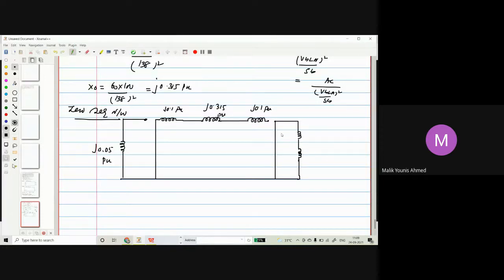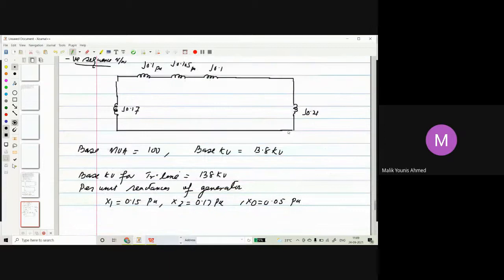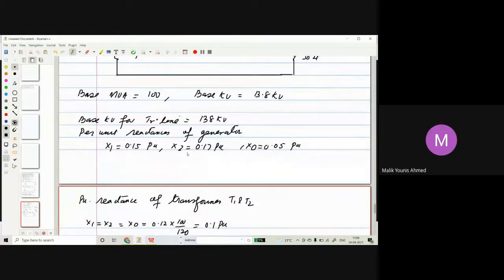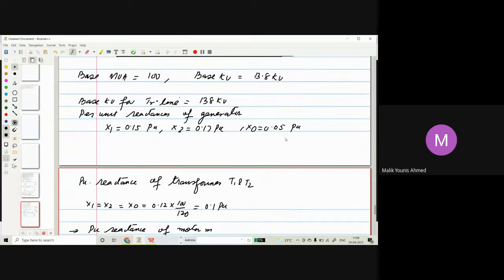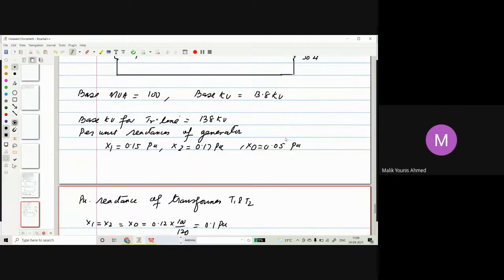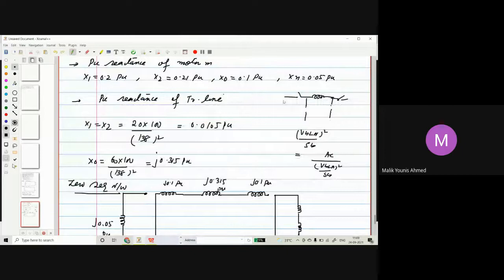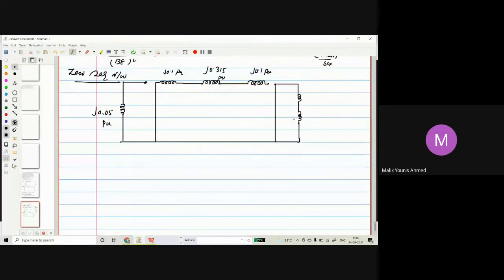The zero sequence reactance you can check from here. Oh, not for the generator, it's the motor, sorry. The motor is 0.1 per unit.